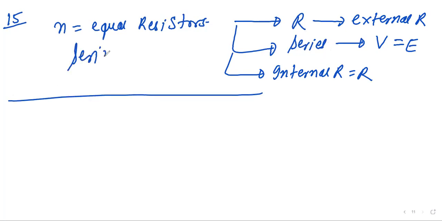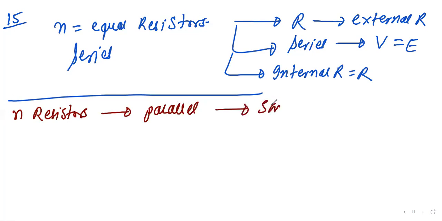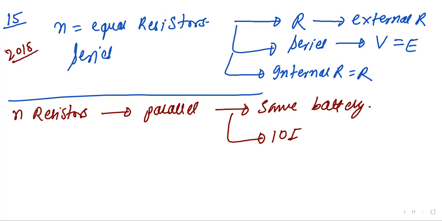This is about series. Now see the next condition given for the parallel. N resistors are connected in parallel to the same battery, and the current drawn is 10 ampere. So let's see.